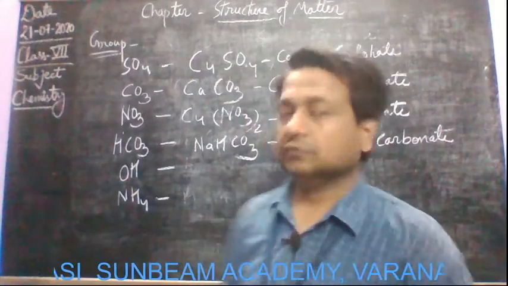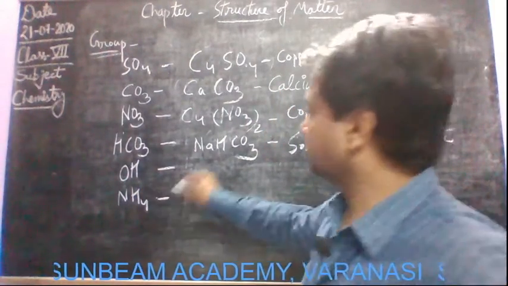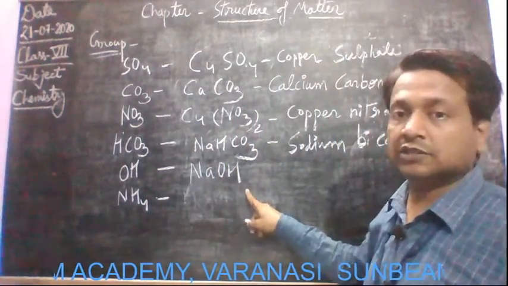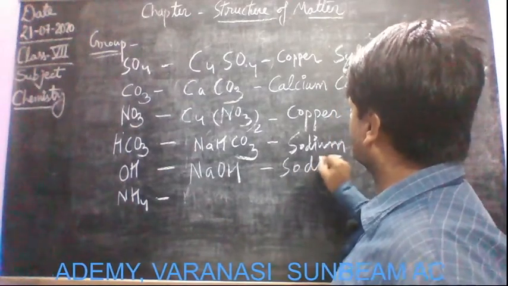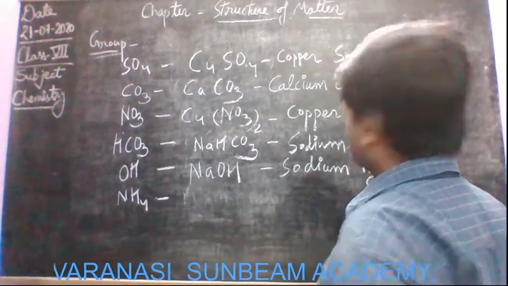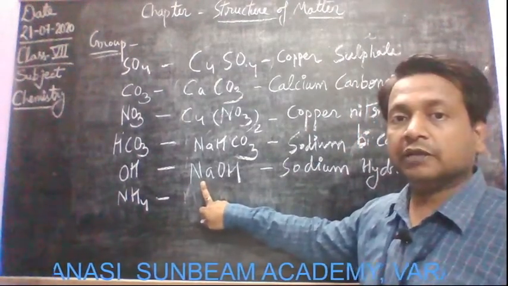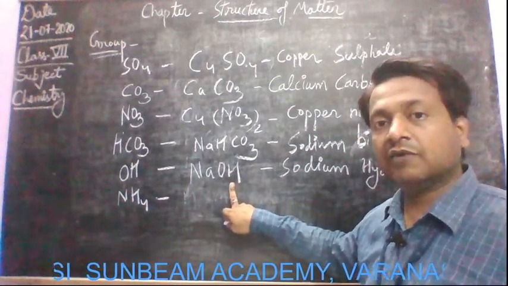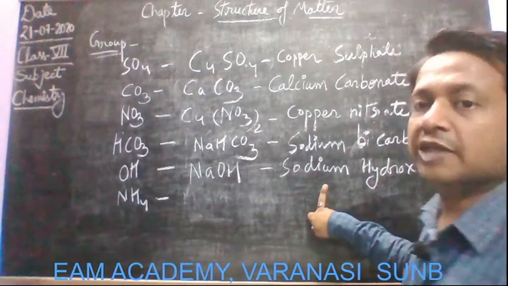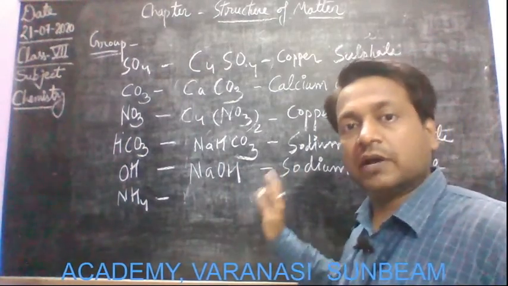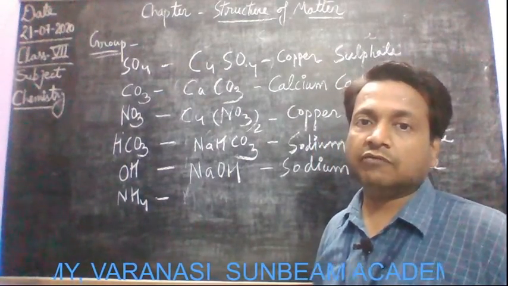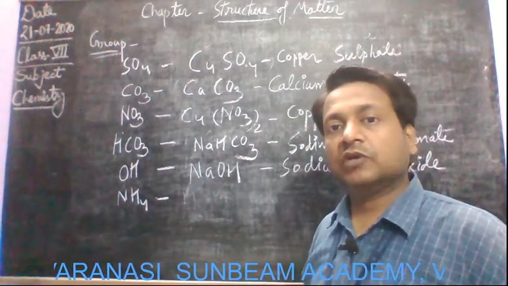OH group, sodium hydroxide. One atom of sodium combines chemically with one molecule of hydroxide group and forms one molecule of sodium hydroxide. Just like that, potassium hydroxide: one atom of potassium combines chemically with one molecule of hydroxide and forms potassium hydroxide.